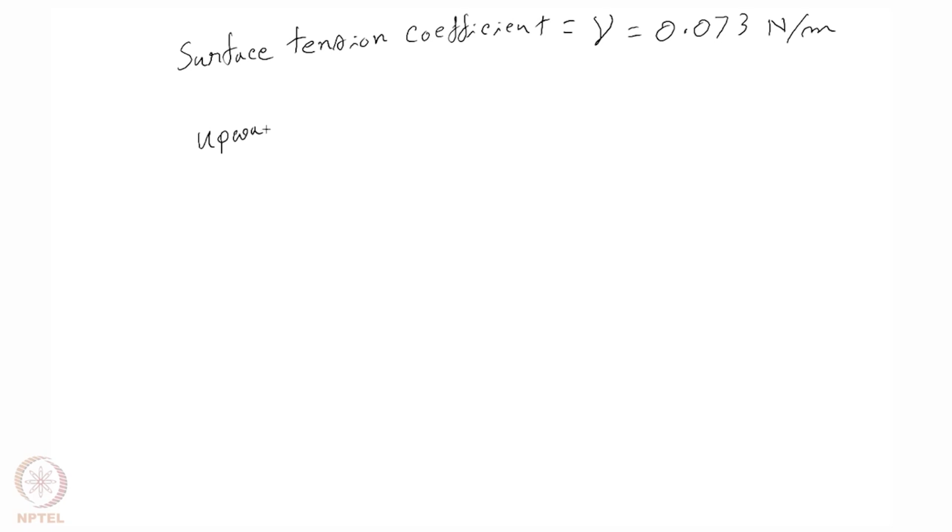So the upward surface tension force, let us call it FST, is equal to gamma into S. What is this S? This S is actually the length of the interface or the perimeter of the glass block.